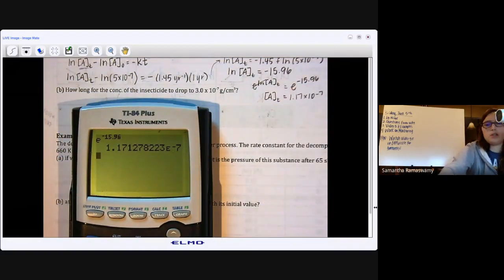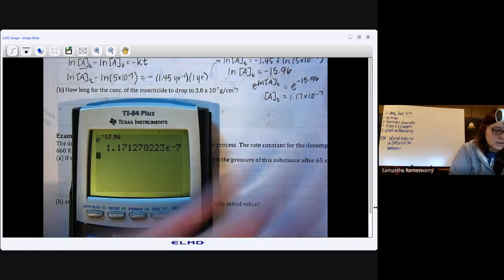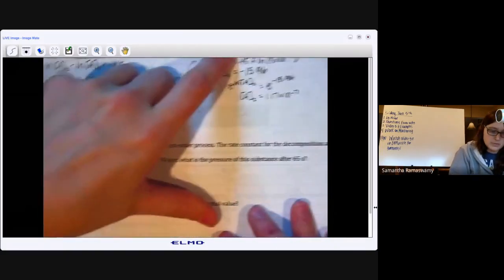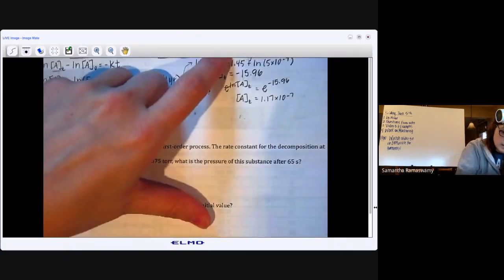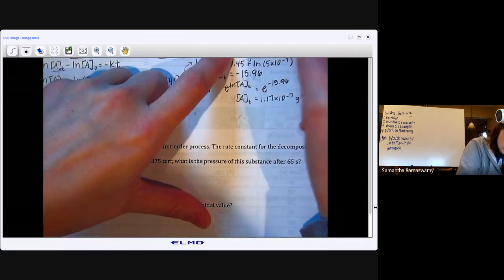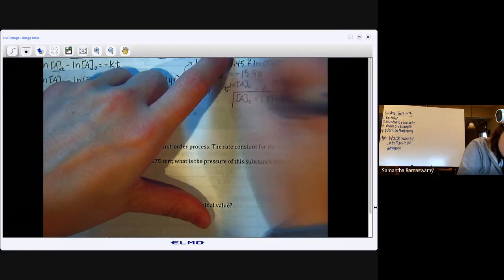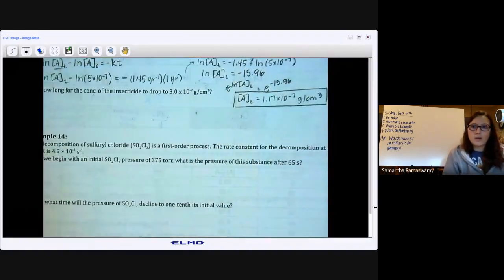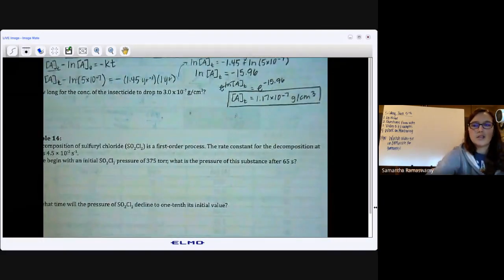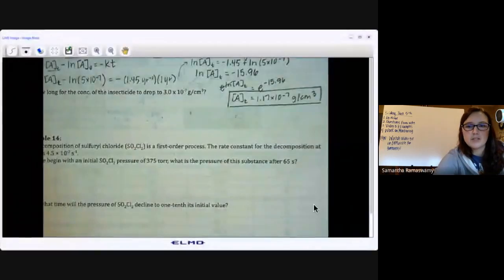Use the same concentration units that they gave you. So in the top of the problem, they gave us 5 times 10 to the negative 7 grams per centimeter cubed. So 1.17 times 10 to the negative 7 grams per centimeter cubed.